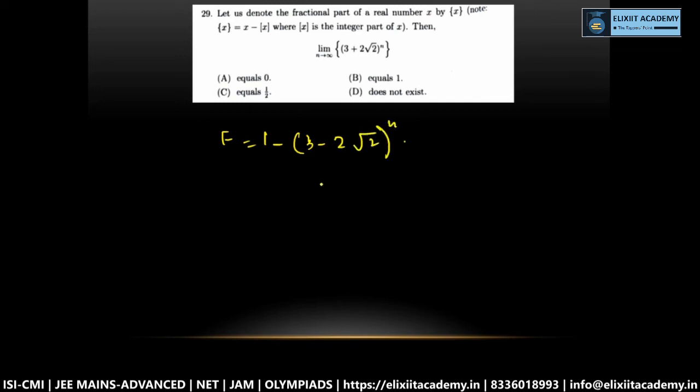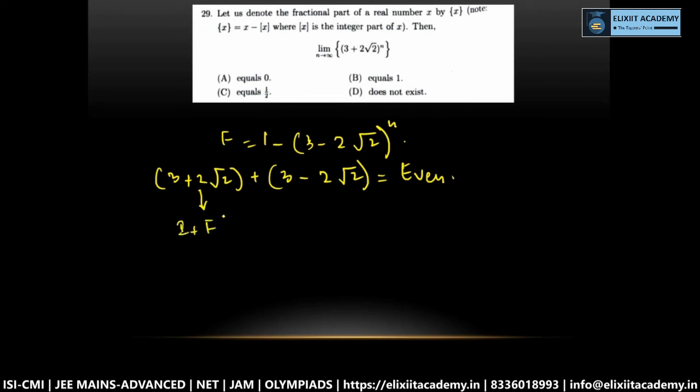You know that this thing, 3 plus 2 root 2 plus 3 minus 2 root 2, is always even. So let's say if this is I plus f, that means integral part plus the fractional part, and let's say if this is g, then you know that f plus g is equal to 1.